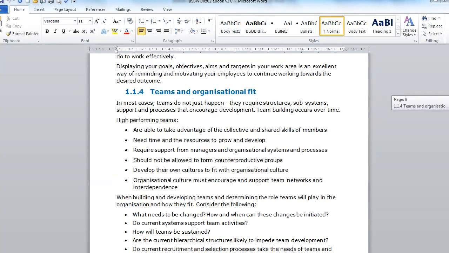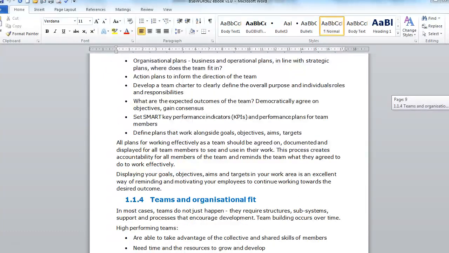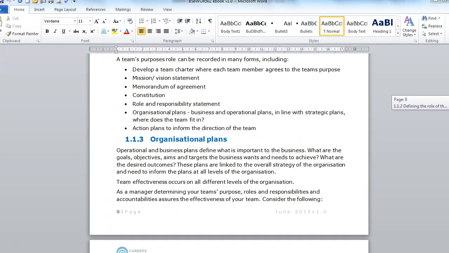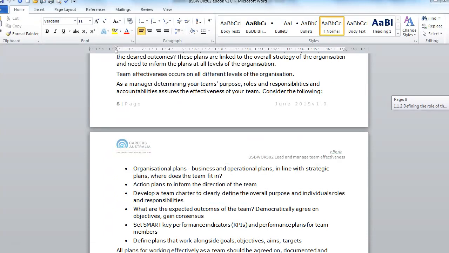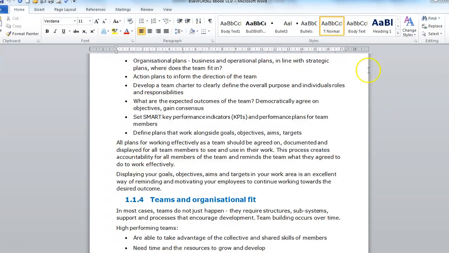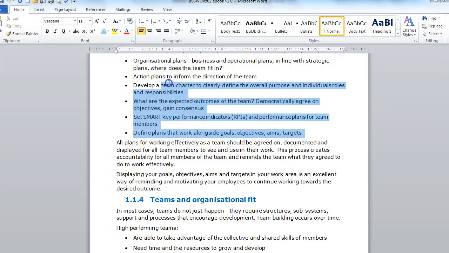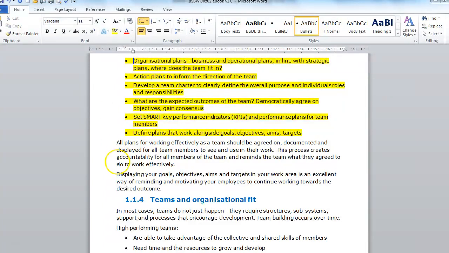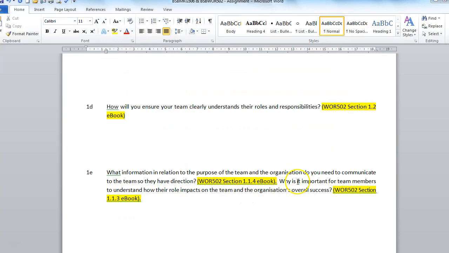I don't think it is 1.1.4. I would go back up to 1.1.3, I think, and do these things here. So I would do those ones for there.